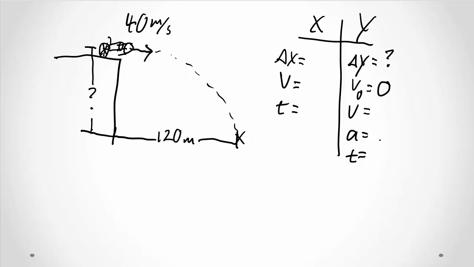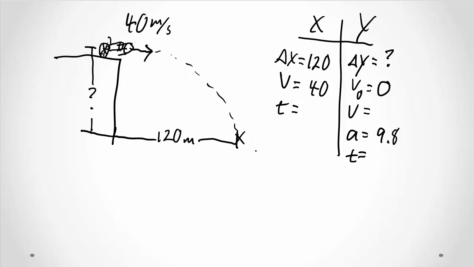We don't really care about that. Acceleration is 9.8, and this time we're given the horizontal displacement as well as the horizontal velocity. So if I want to find this, I need to know one of these two things. I have no way of finding this directly to begin with, but I can find t over here and use it over there.